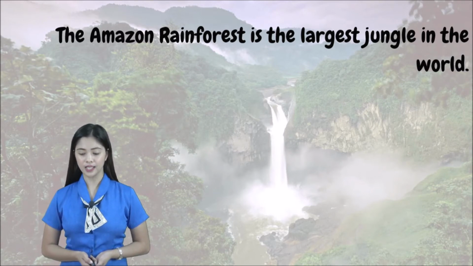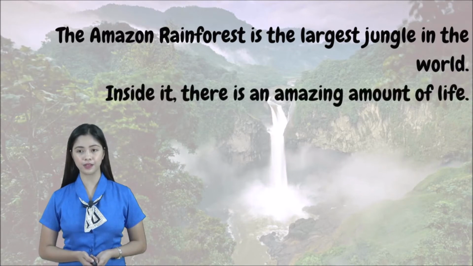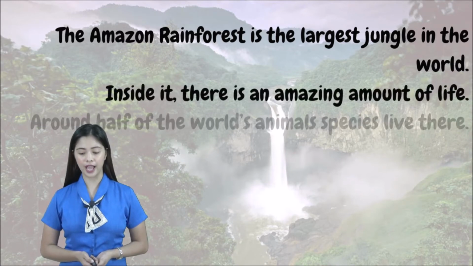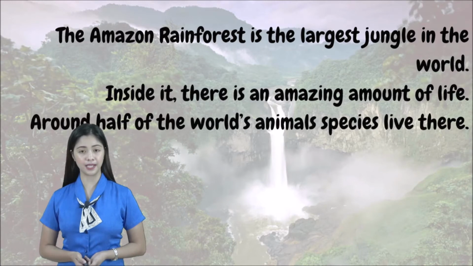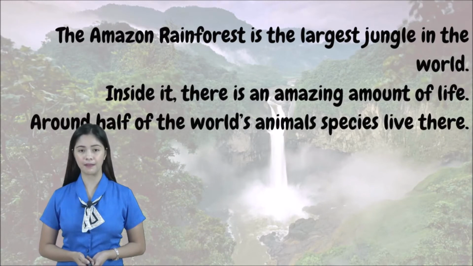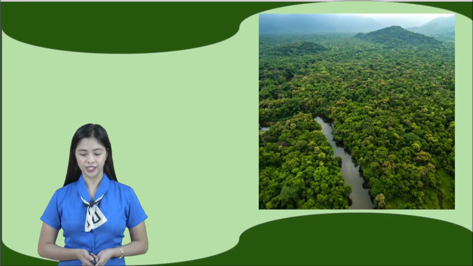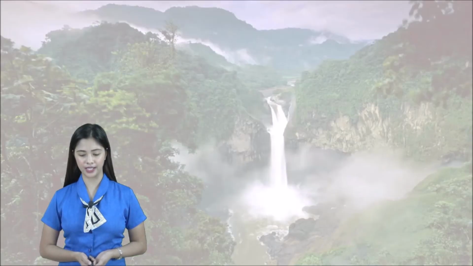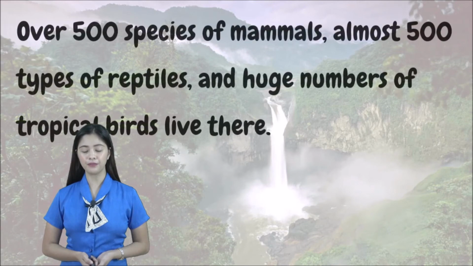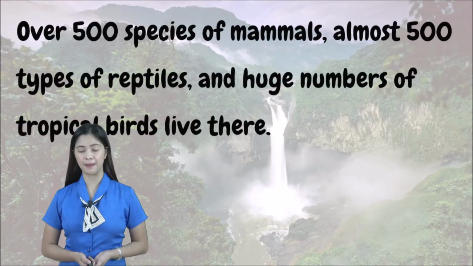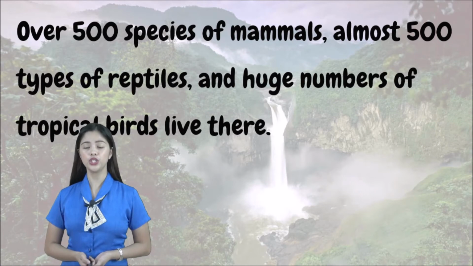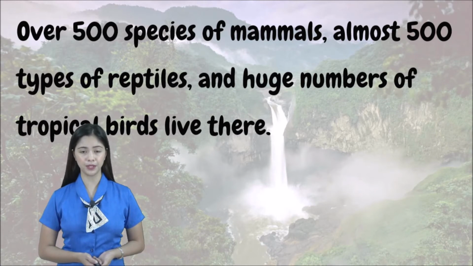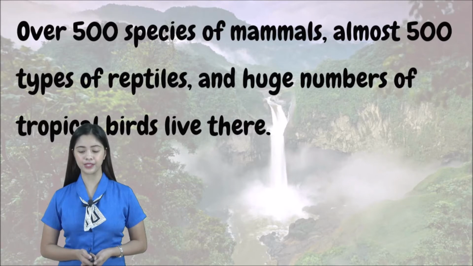Inside it, there is an amazing amount of life. Around half of the world's animal species live in the Amazon rainforest. As you can see, kids, that is the Amazon rainforest. There are over 500 species of mammals, almost 500 types of reptiles, and huge numbers of tropical birds that live in the Amazon rainforest.